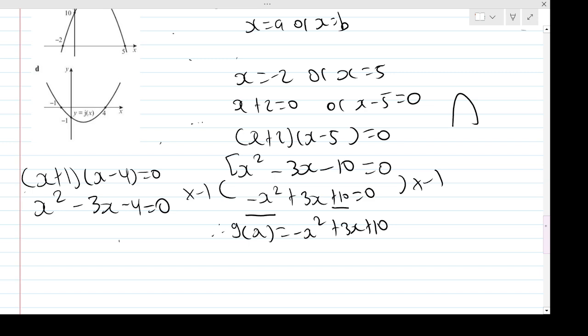So to adjust for the fact that it could be ax squared, we need to times by a number outside the bracket, to adjust for the fact that there might be a multiple that would go away if I divided by it, because it's equal to 0. I can divide both sides by a, and then that goes away, and then I get the factors.